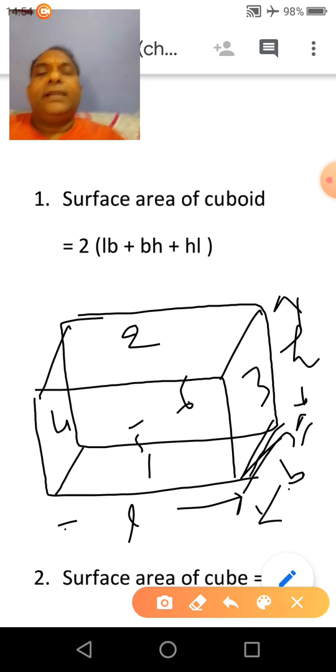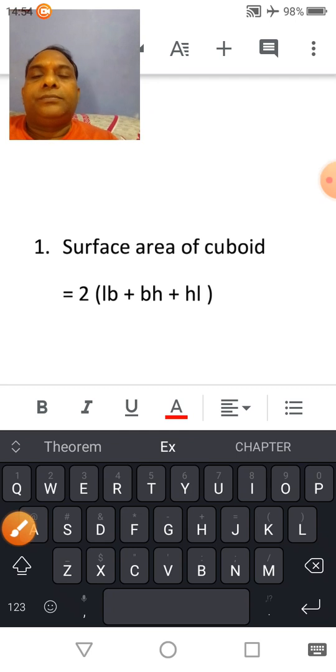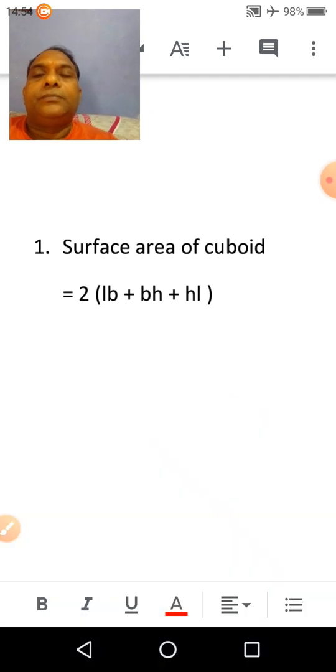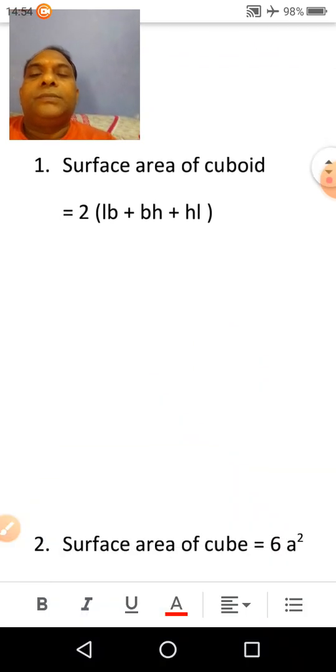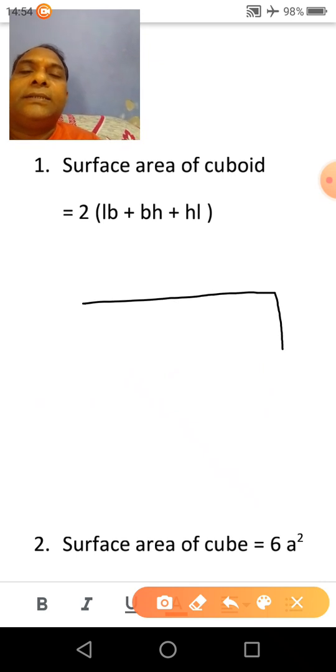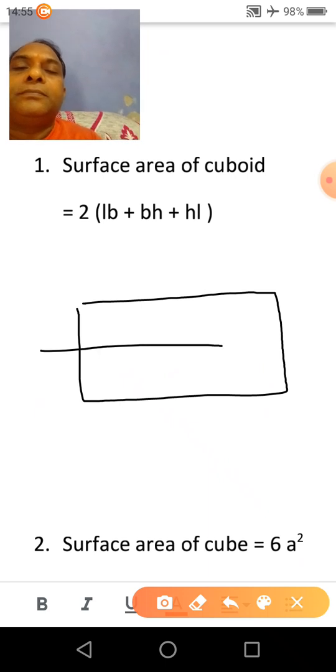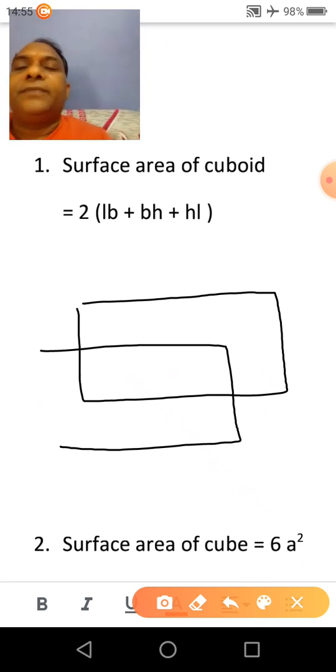So see here, in case of cuboid there are 6 faces. So you have to find its surface area.